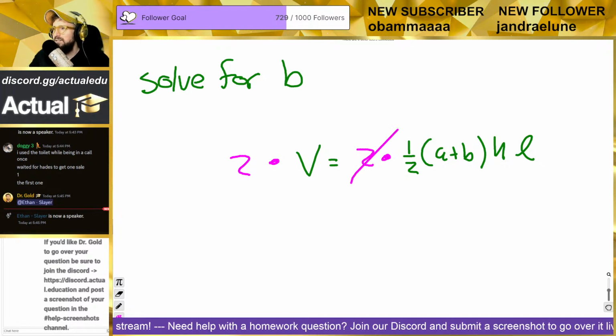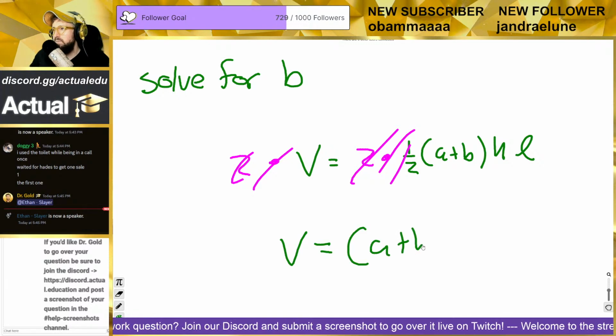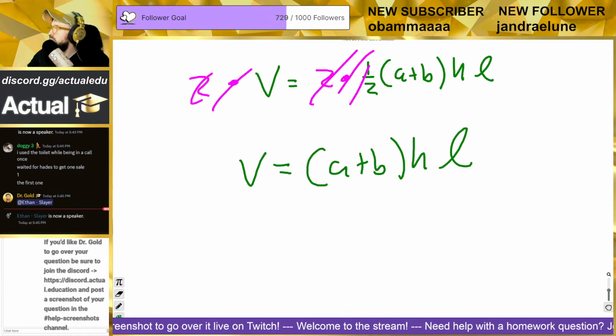Okay, so this goes away, right? Goodbye. Okay, cool. Now we're left with V is equal to (a plus b) times HL. All right, what do we do next? I would actually follow a rule of distributing, but the H and the L are on the opposite side. Yeah, we want to solve for b.